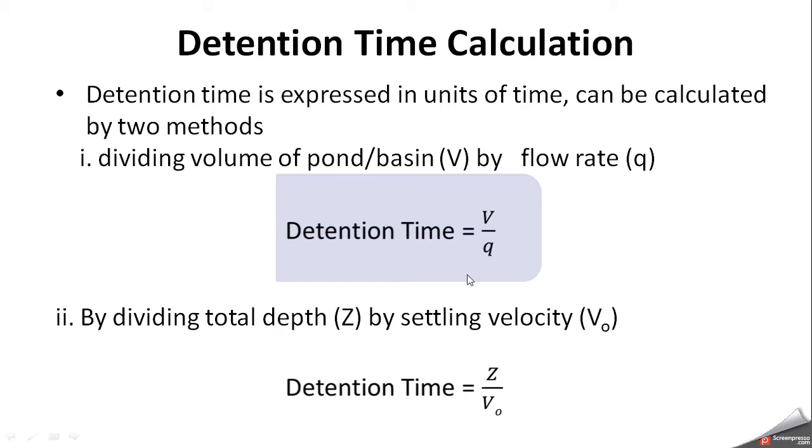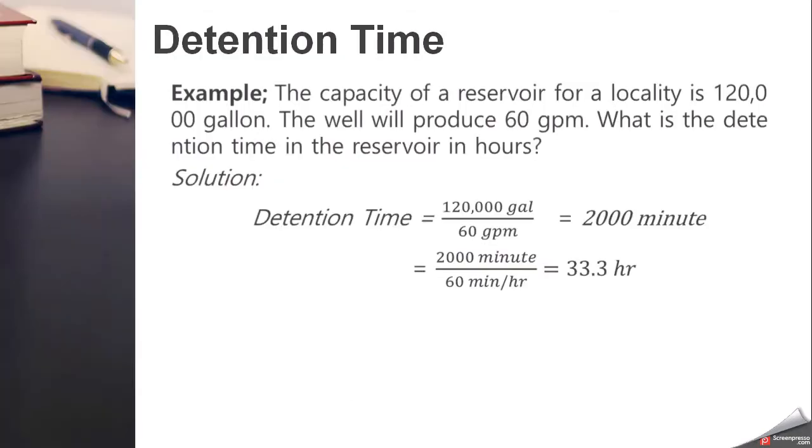The depth of the pond or basin divided by the settling velocity gives the detention time. So detention time is equal to Z over V0, that is, depth divided by settling velocity. We will explain these in detail in some other video if we get time, but now we will focus only on the detention time.